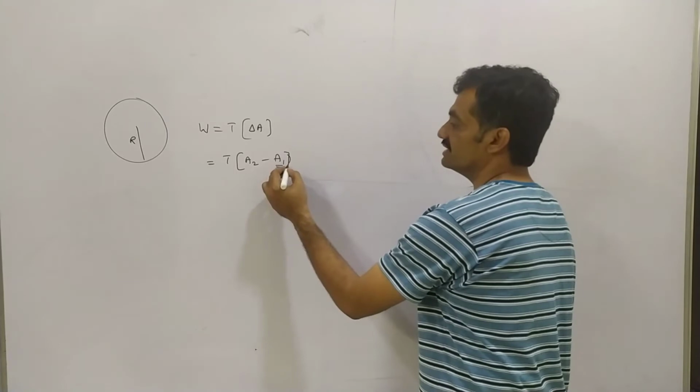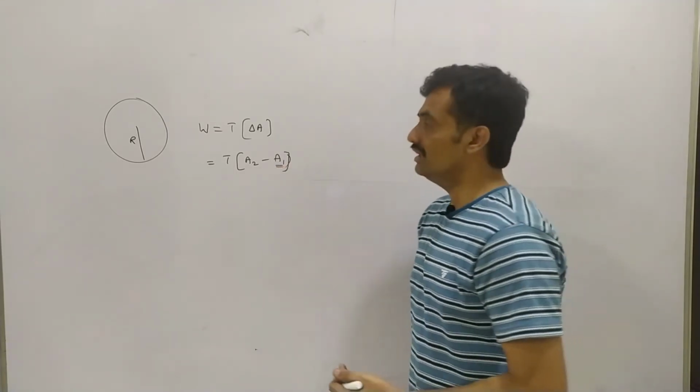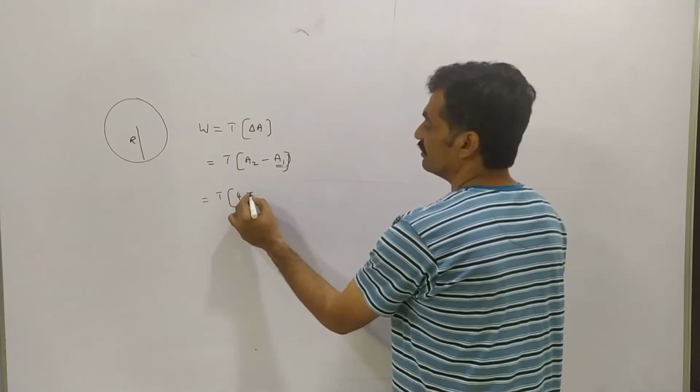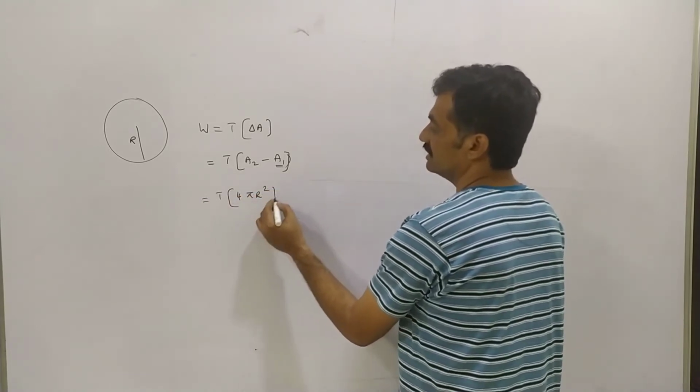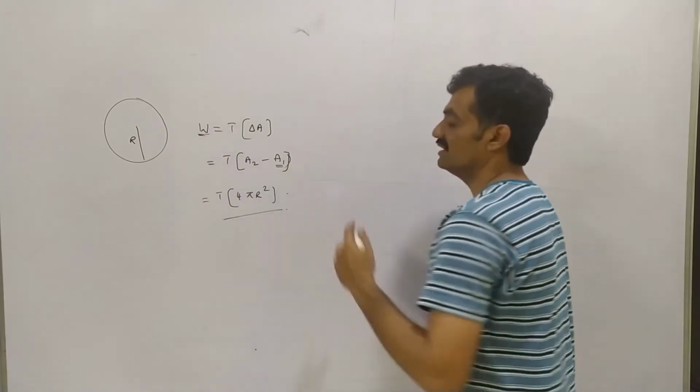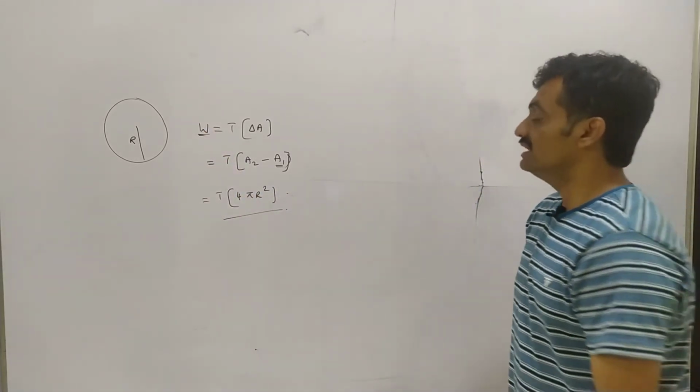So here the area is neglected. Why? Because initially there is no liquid drop, and here T into final area is 4 pi r square. So the amount of work done in order to form a liquid drop is T into 4 pi r square.